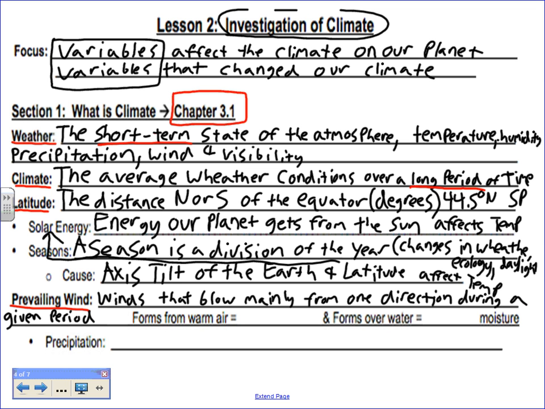Okay, if prevailing winds form over warm air, there's more moisture. Moisture is increased. Also, if prevailing winds form over water, again, there's more moisture.